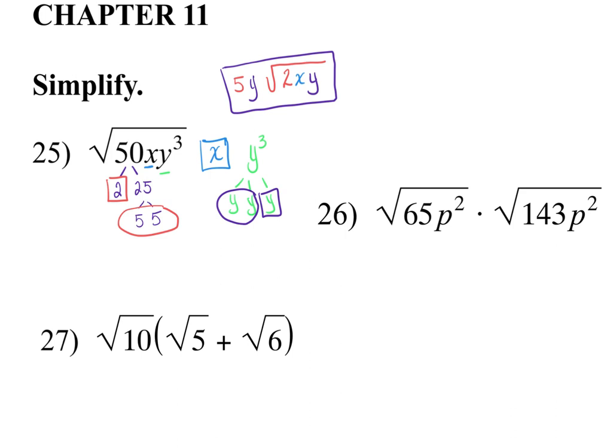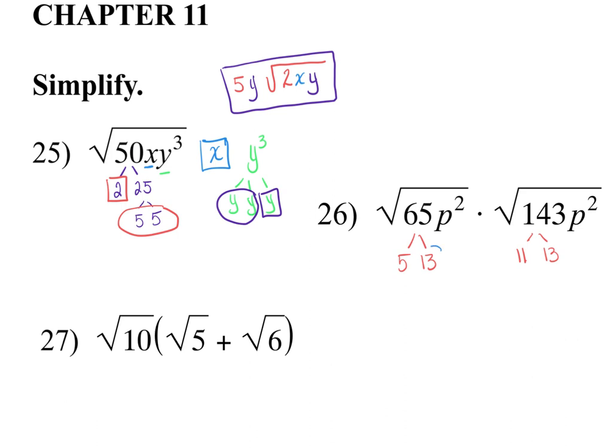When you are multiplying radicals like number 26, you can factor everything and then group anything that comes out together. So for this first one, I can say, well, 5 and 13. And then for this one, it's a little bit difficult of a factoring. It's 11 and 13.